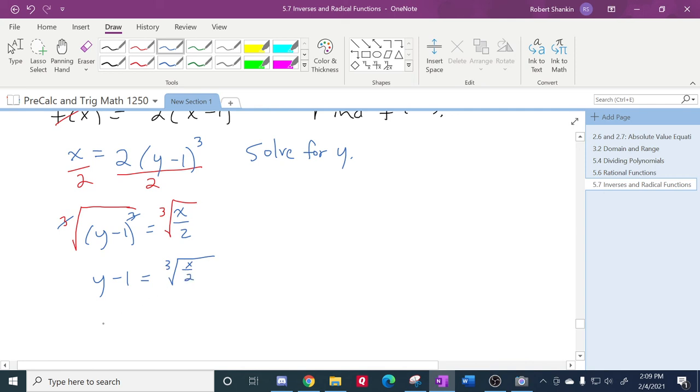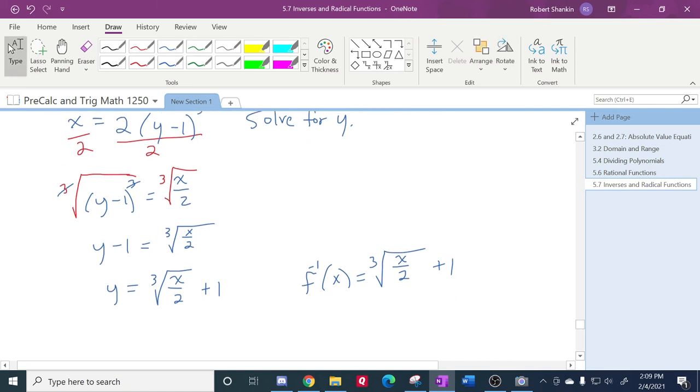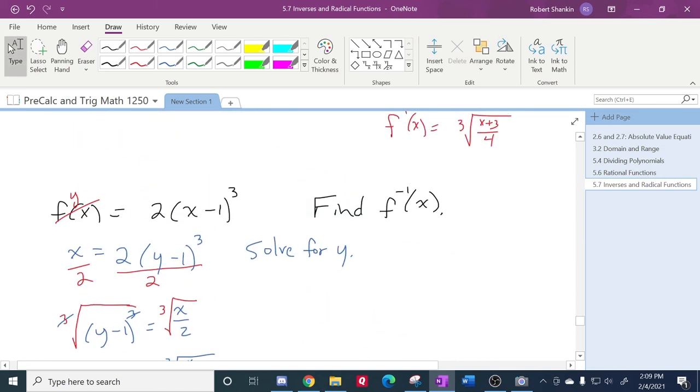Then I add 1 to both sides. Last thing, I replace y with f inverse of x. Alright, so I have found my inverse.